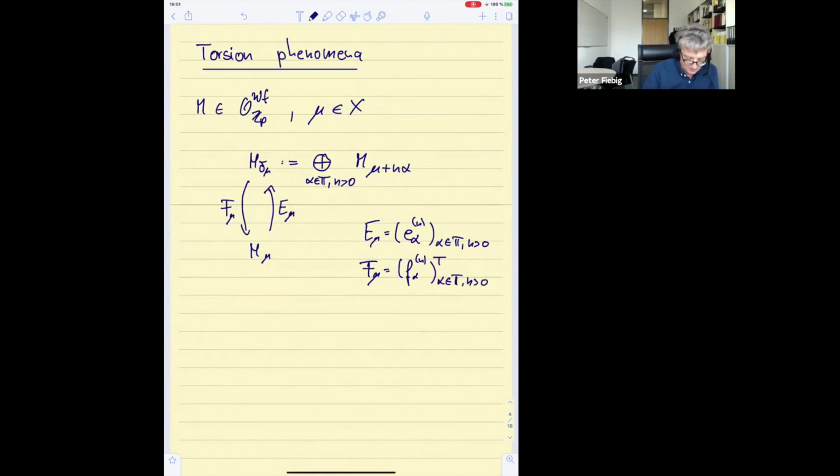It's the column and the row vector with these action maps of these elements E_α^n and F_α^n in this distribution algebra.